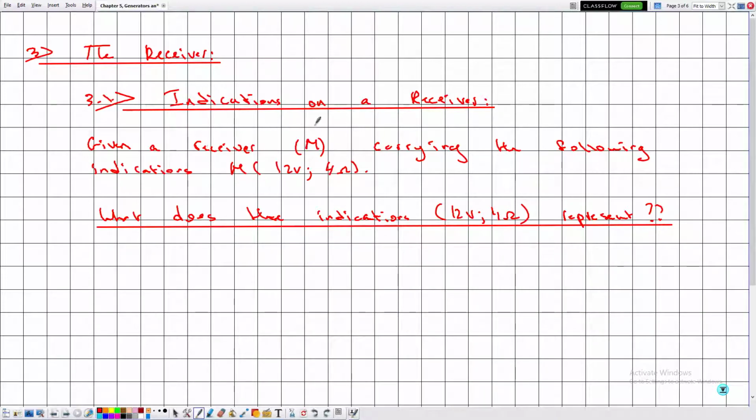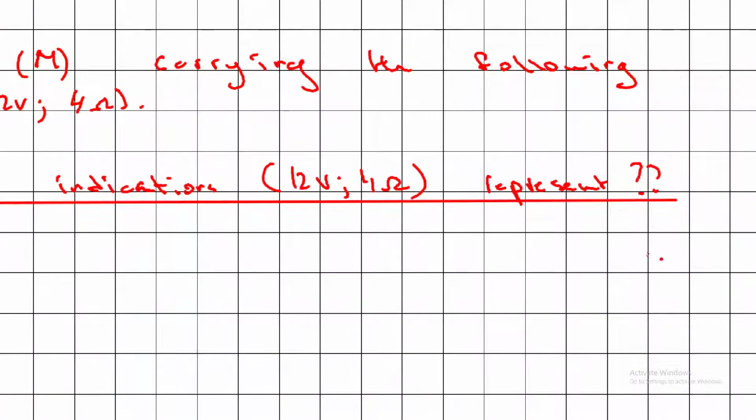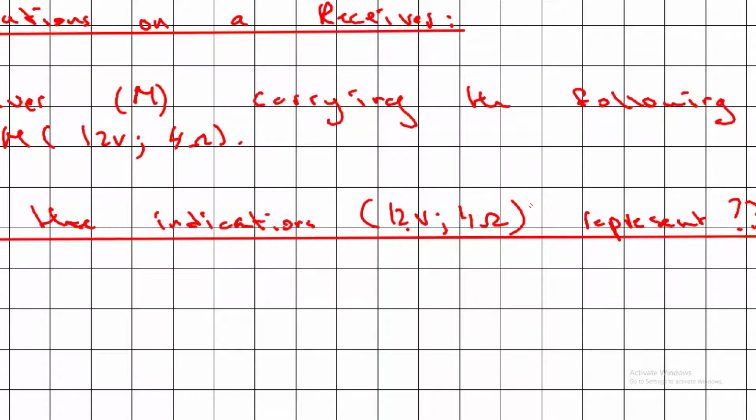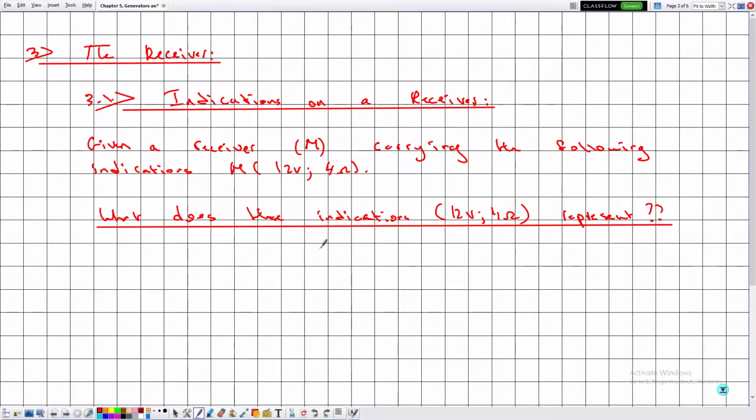Another example of the receiver is a lamp L. Previously, if this term was not present, we used to state that the 12 volts is the rated voltage of the lamp L under which it functions normally. Now here the case is completely different. Now this receiver, which is AM, carries two indications, 12 volts and 4 ohms. So we cannot say here that 12 volts represents the rated voltage of the motor AM.